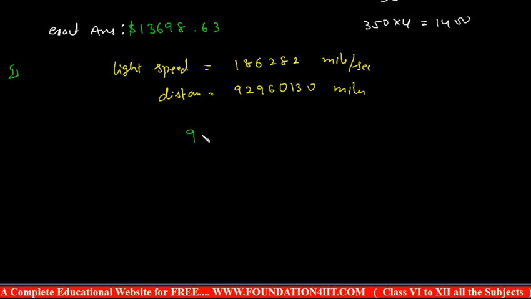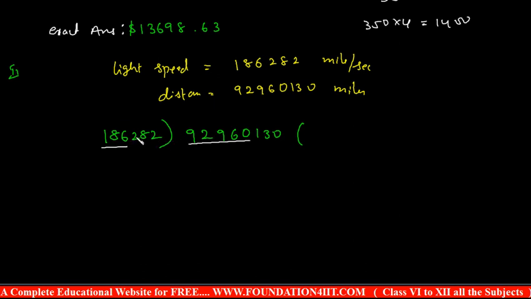So we should divide 92,960,130 by 186,282. This is normal division, a very lengthy process, but what we can do is take the first three digits and leave the last three digits, 282 and 130.